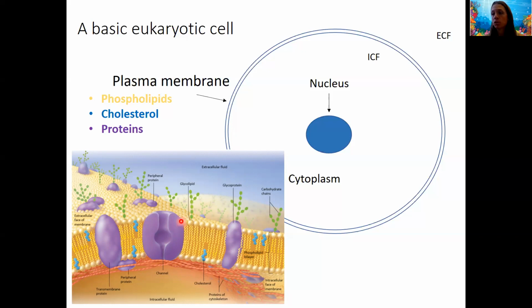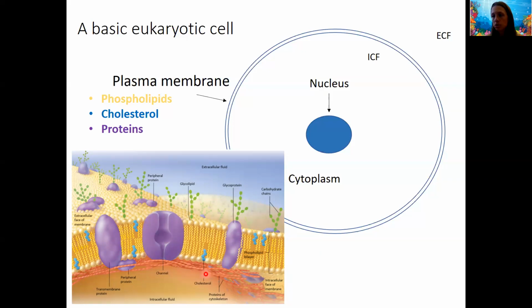So some examples of proteins are shown here. Here's a channel. This is a transmembrane protein because it's going trans, or through, across the cell. Trans means across. There are peripheral proteins. Here's an example of one on the periphery, so on one end or the other.